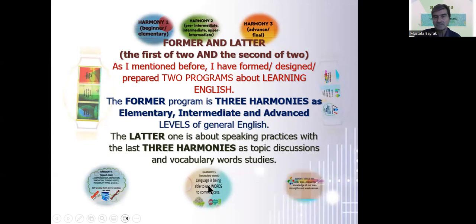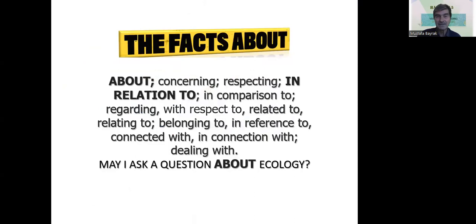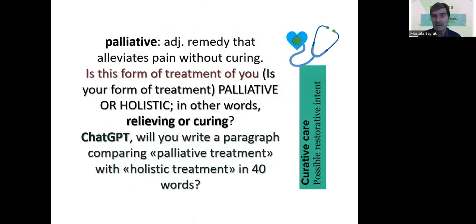We have been studying it, and this is the last one, harmony 6, which will be about only one topic. It will be about us, our strengths and weaknesses. We will see it in the coming slides.